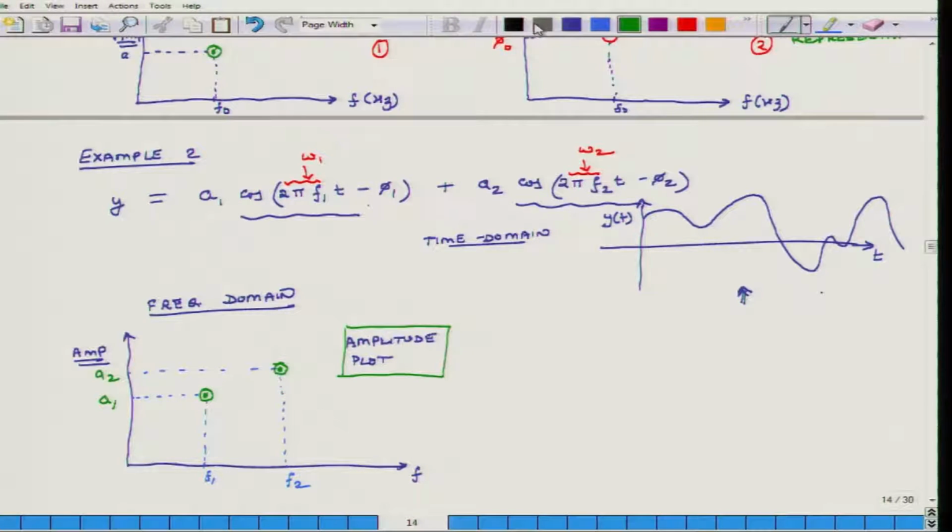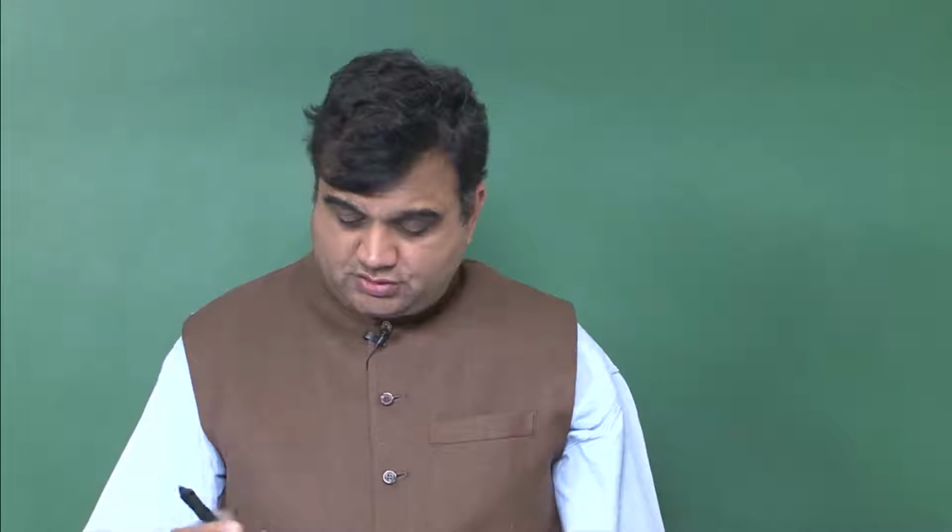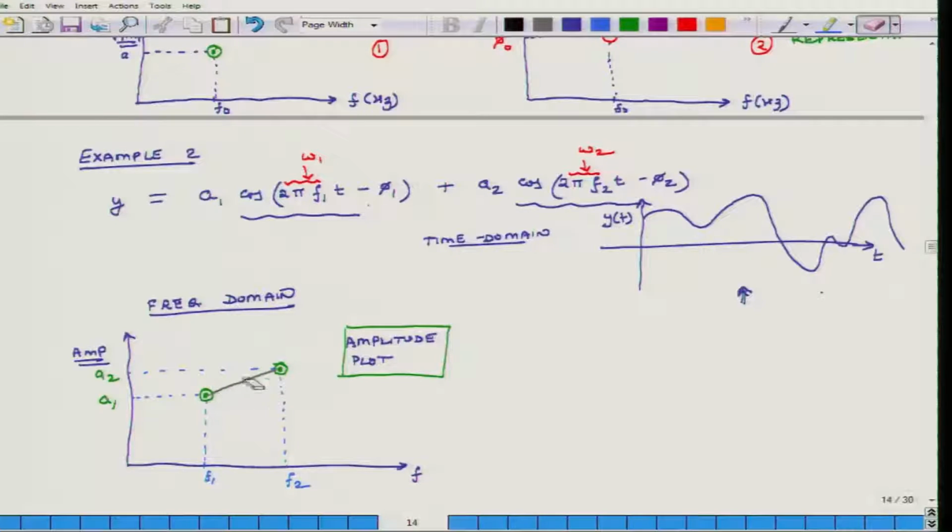One question I have is, should I connect these 2 points or should I leave just these 2 points as is? Why should I not connect these 2 points? Because the moment I connect these 2 points, it means physically that at all other frequencies between f1 and f2 there are other cosine components, but this y(t) has only 2 components, one associated with frequency f1, another associated with frequency f2.